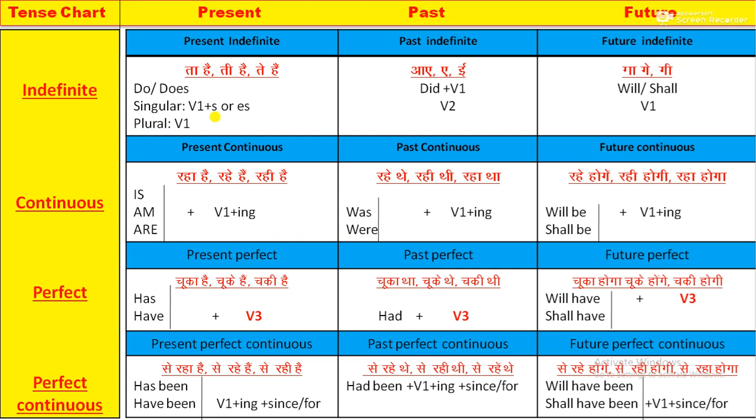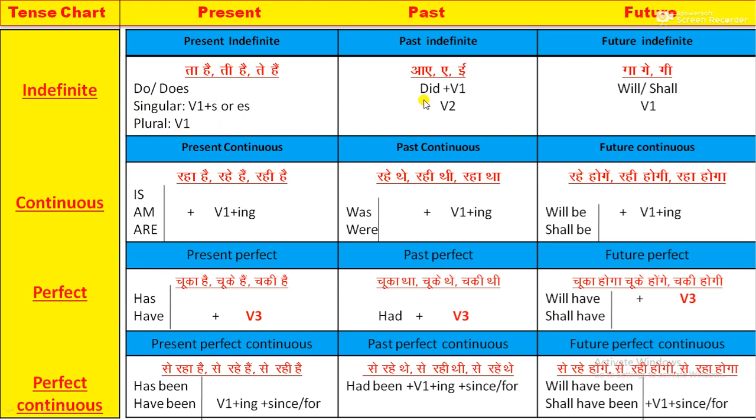But you can simply remember that in present indefinite, or in the first box, we use the first form of the verb. If it is singular, then we use s or es, and if it is plural, we don't use s or es. So he, she, it are singular, and I, we, you, they are plural. So you will use only the first form.